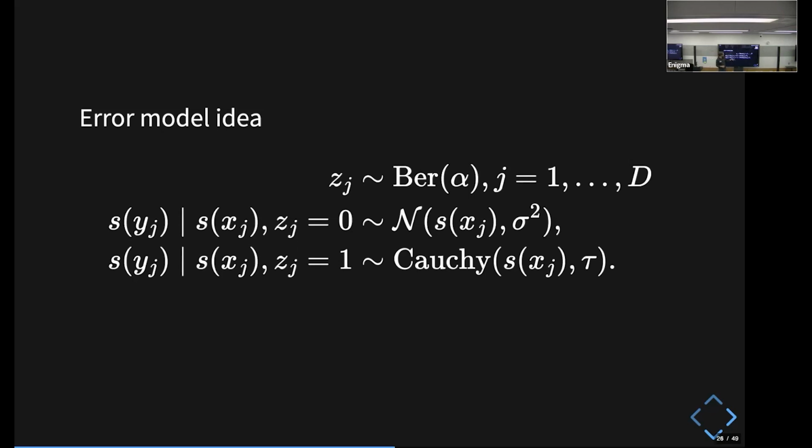Whereas with probability alpha, they would follow a Cauchy distribution, which would allow for very heavy discrepancies between the observed data and the simulated data in that particular example.